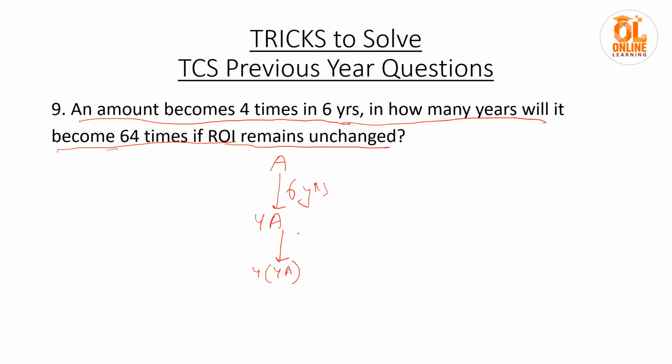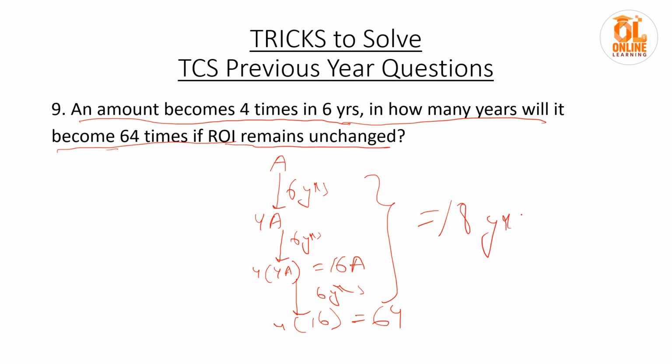It is 4 into 4a, which will be 16 times. In another 6 years it will again become 4 times of 16, which is equal to 64. So total time taken is 18 years. So very easy, because 6 plus 6 plus 6.